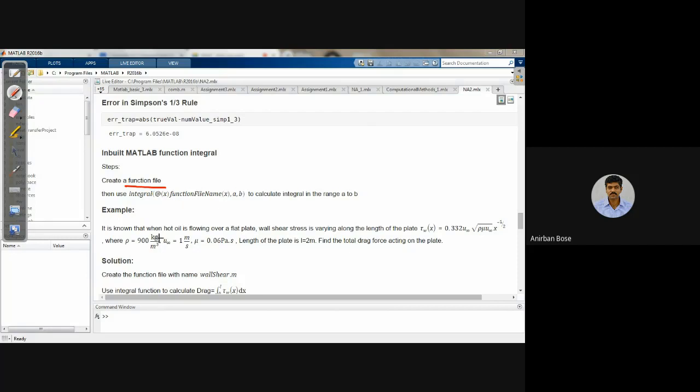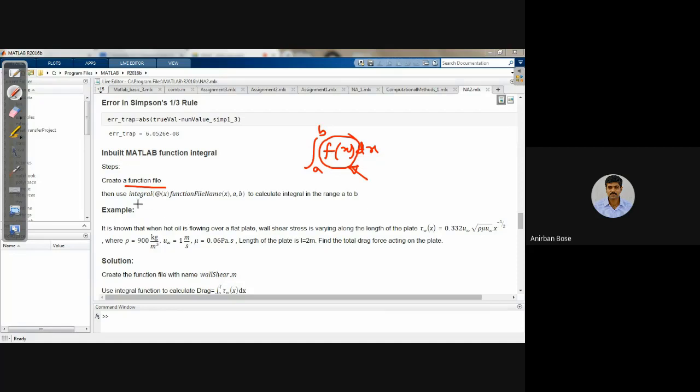Why? Because that function will be integrated. If you want to integrate any function f(x) dx from a to b, the first step is to create a function file of the corresponding function, as we have already done separately. The first step is to create that function file for the function you want to integrate.